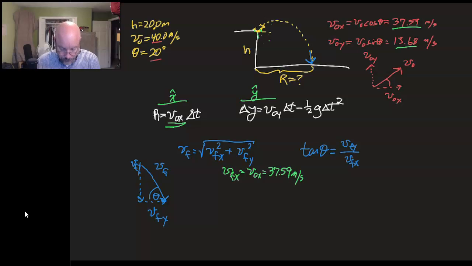Okay, then how do we get the v final y? Well, for that one, what we'll actually do is we'll use SAM. Okay, v final y is v initial y minus g delta t.